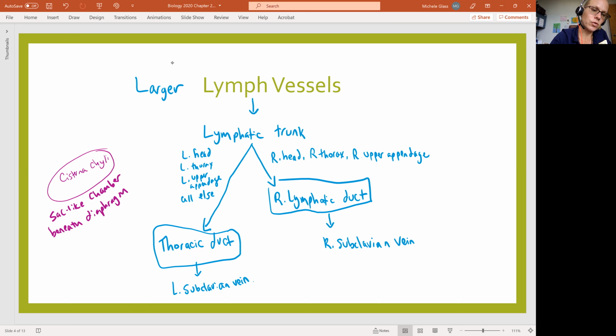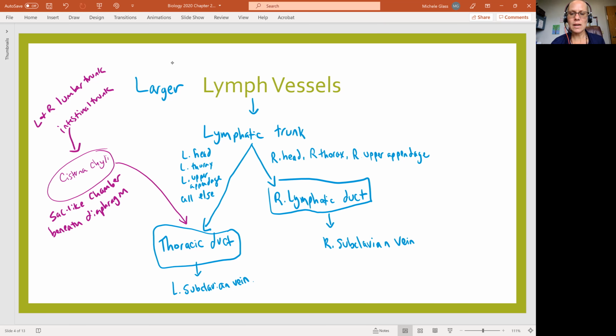So I'm going to draw arrows into the cisterna chyli from the left and right lumbar trunk and intestinal trunk. So the cisterna chyli then is dumping into the thoracic duct, which is then dumping into the left subclavian vein.